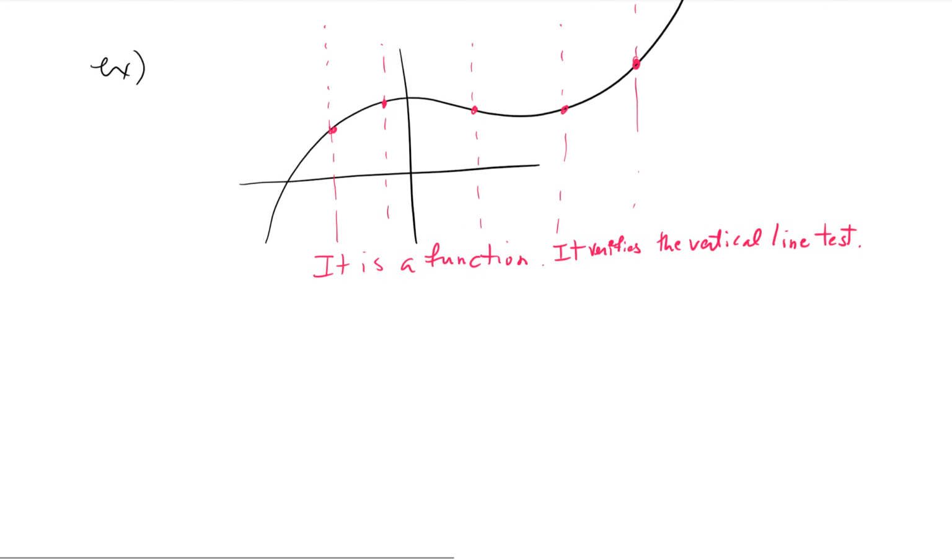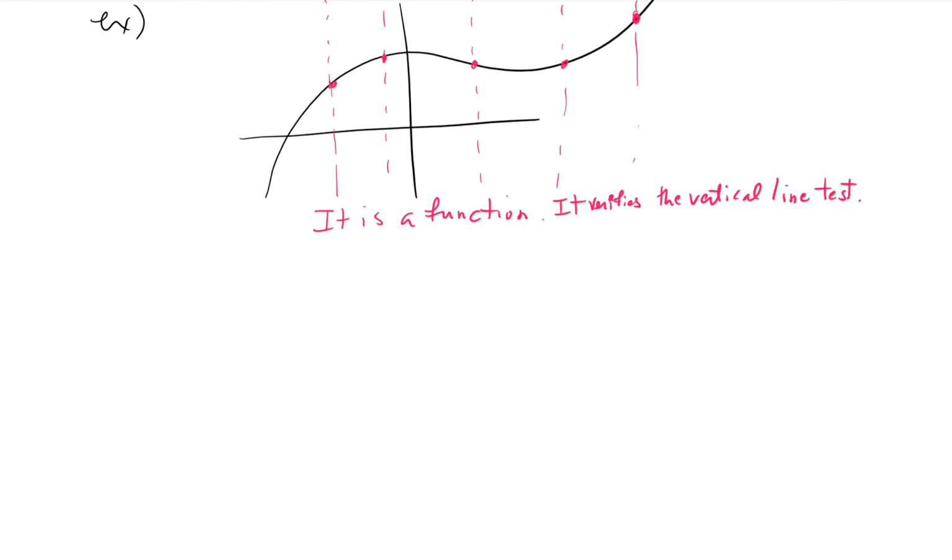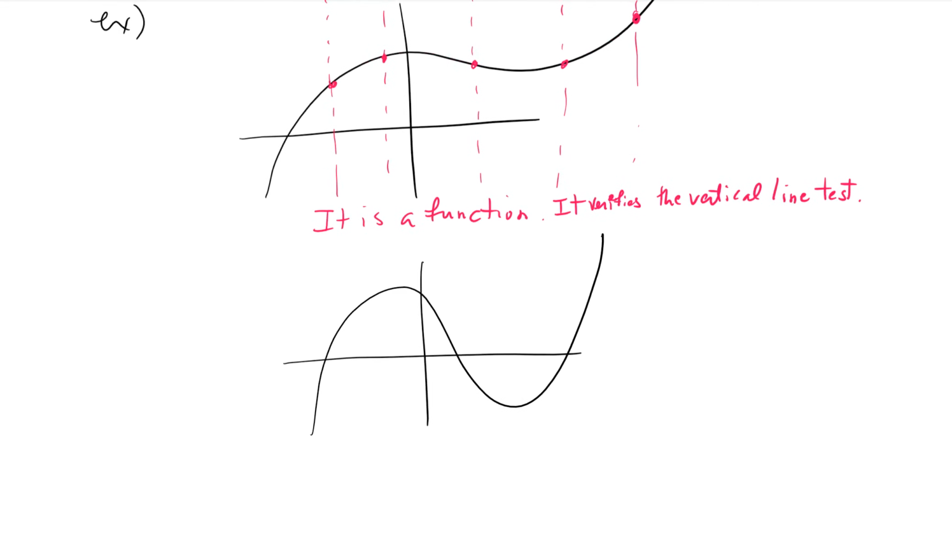Maybe a quick note. Okay, there's no such thing as the horizontal line test. For a function, you could have something that's like that. In your head, if you take a vertical line anywhere, it's going to intersect the graph in only one place. Of course, if I draw a horizontal line, it will cross it in 3 different places, but that's okay, because that just means that for 3 different values of x, it could be, I don't know, I'm just making that up, minus 2, 1, and 5, you have the same y value.